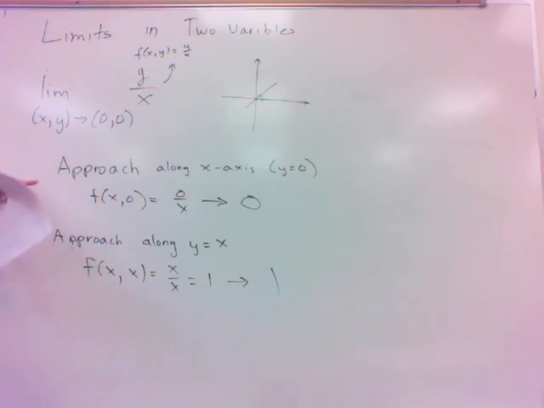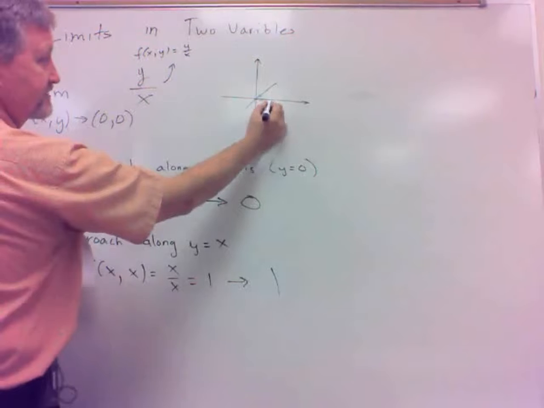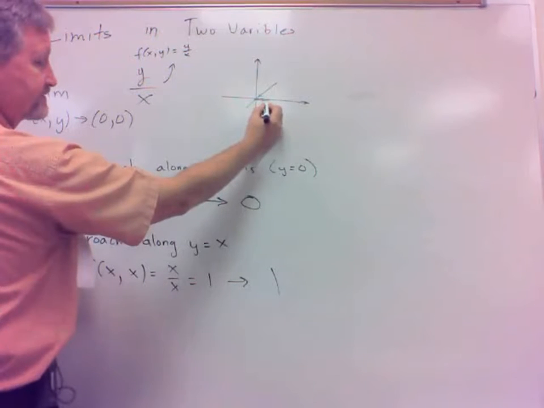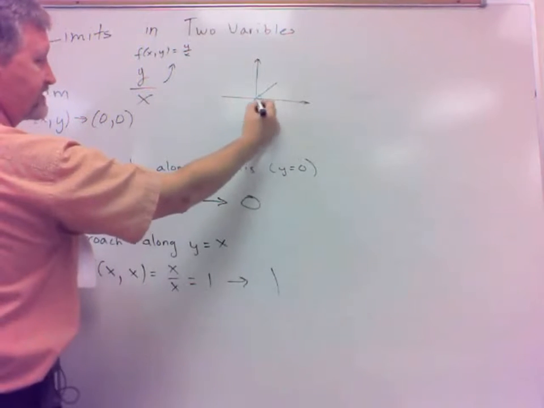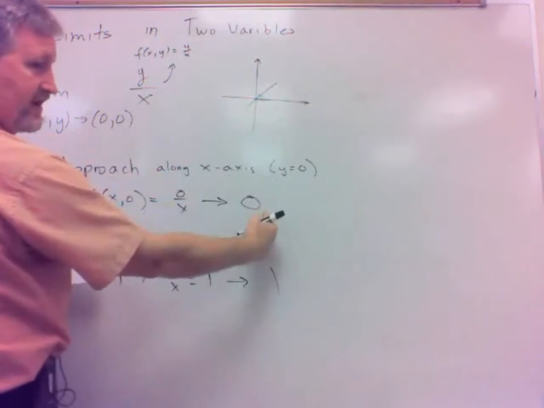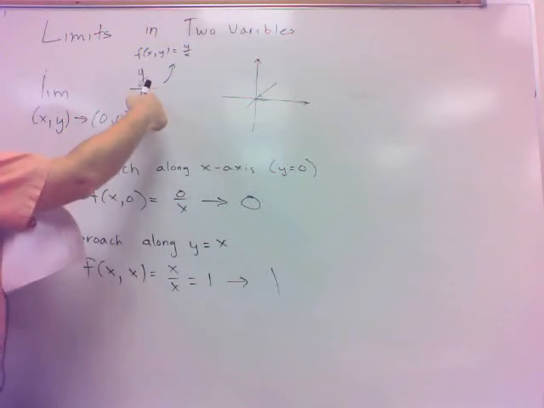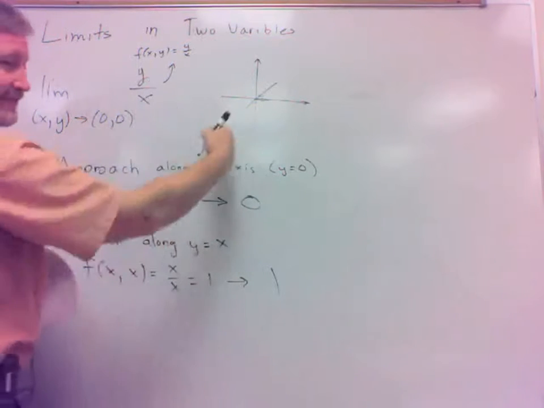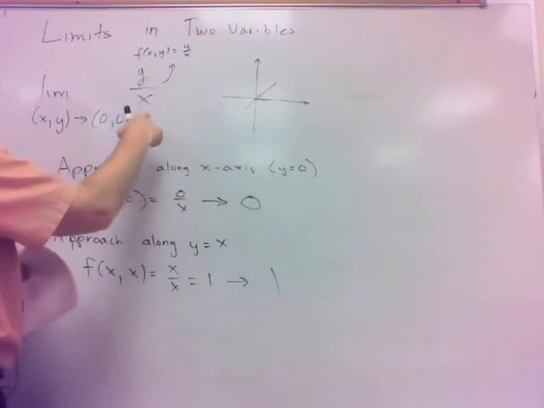So for the limit of y over x as (x, y) approaches (0, 0), if we approach along the x-axis, the y equals 0 line, we get the values of this to be 0. If we approach along y equals x, we get the value of this to be 1.